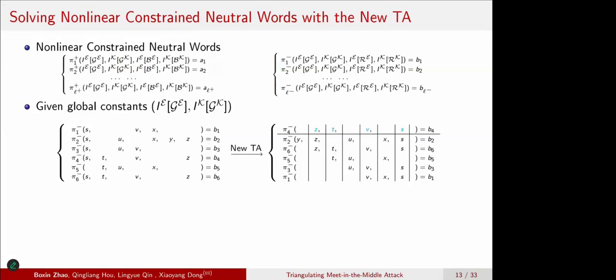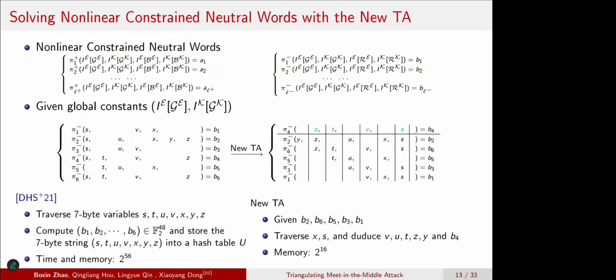Once the nonlinear constrained natural words of a specific path are instantiated given the global constants, we can use the new TA to solve them. The method in Crypto 2021 traverses 7 byte variables to compute B1 to B6 and stores them in a hash table U. Time and memory are 2^56.